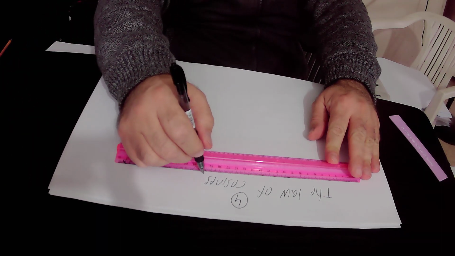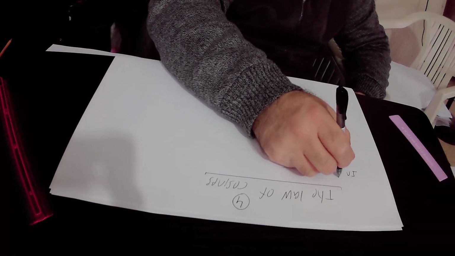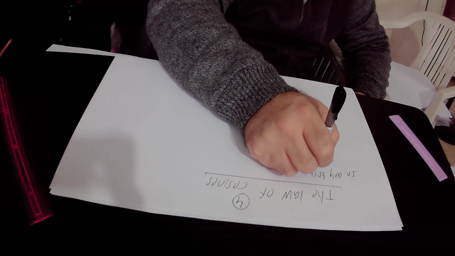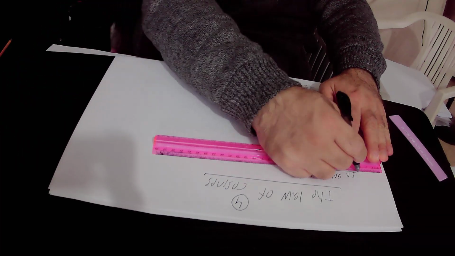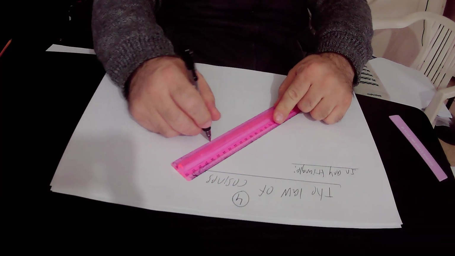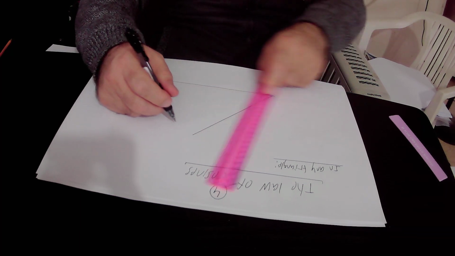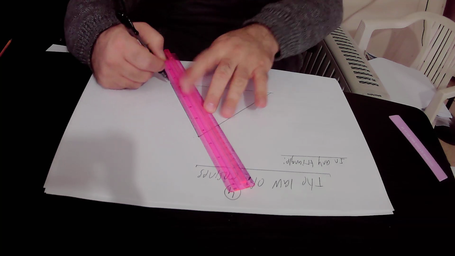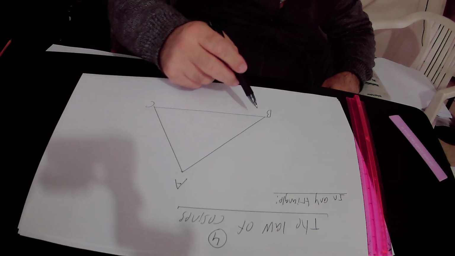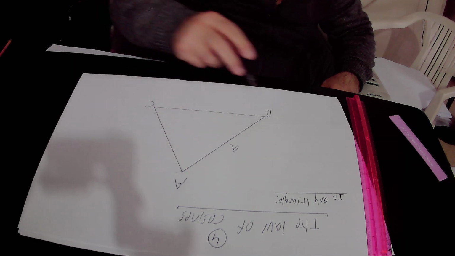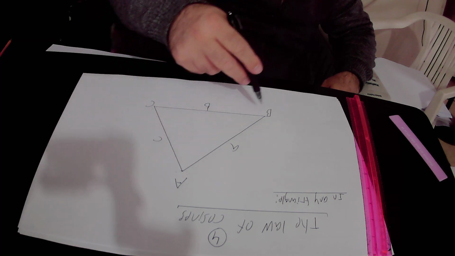So if we have triangle ABC, that could be any triangle, and we know that the length of side AB is A units, the length of side BC is B units, and the length of side AC is C units, and the angle between AB and BC is theta.